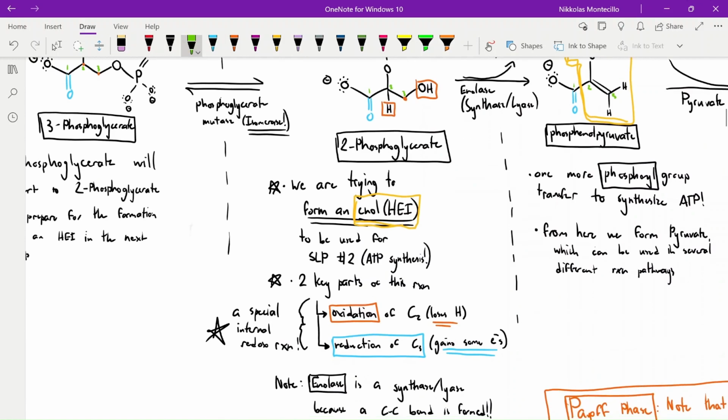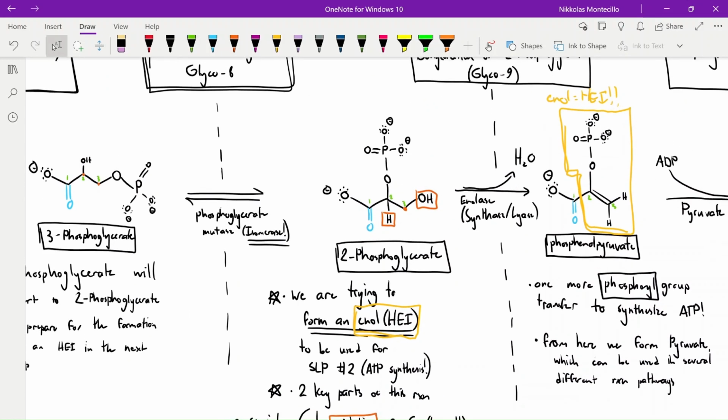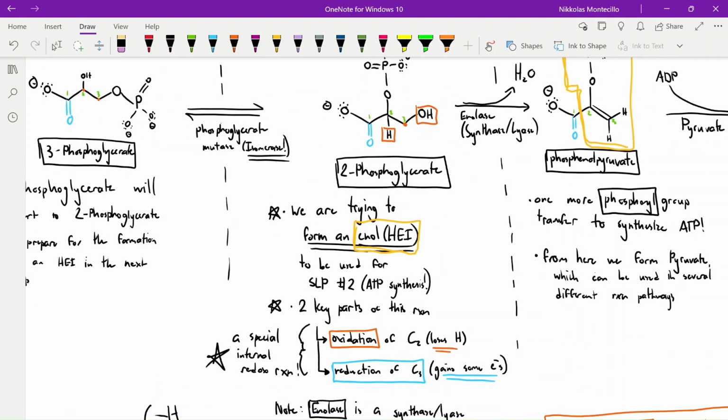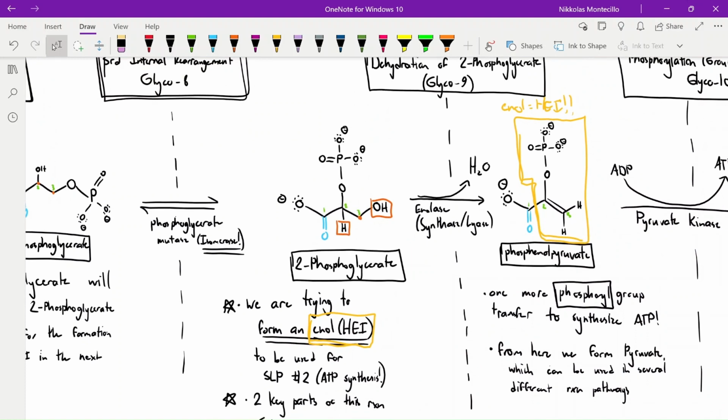Okay. So there are 2 key parts of this reaction. One is the oxidation of carbon 2, which loses the hydrogen atom. Remember what I said before about the oxidation state of the central atom, which in this case is carbon. I believe that this carbon atom is being oxidized because it's losing hydrogen and thus losing its electrons, right? And in the case of carbon 3, it's going to gain electrons, right? I believe this is a type of special internal redox reaction.